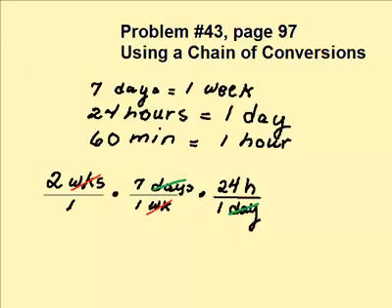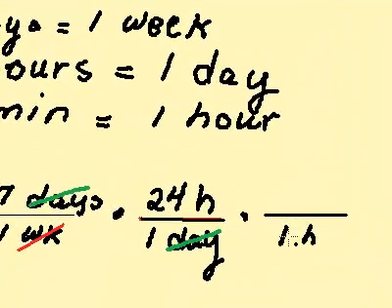I'm almost there. The next portion of this problem is to convert hours to minutes. And I do know that there are 60 minutes in 1 hour. So again, I'm going to set up my fraction line. And I'm going to put 1 hour in the denominator, so it will cancel with the hour label in the previous numerator.